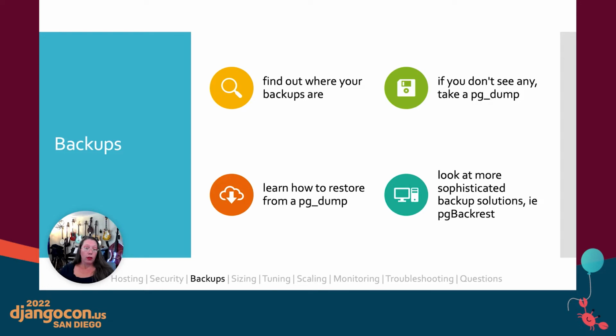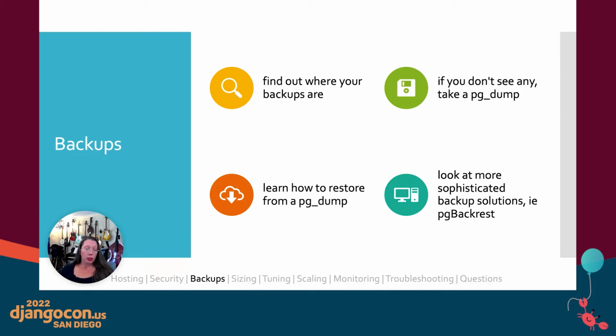So the first thing to do is to find out where your backups are. If you don't see any backups, you can take a backup of just the data using the pg_dump utility. You can take that from a local machine if your database isn't that big. You can take it from a remote server if you have something larger.